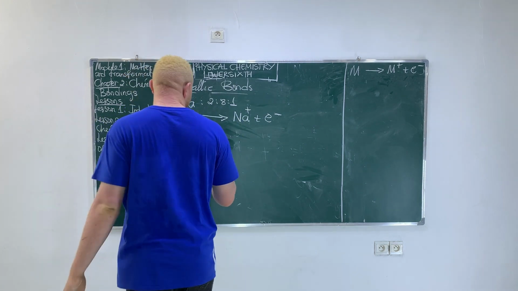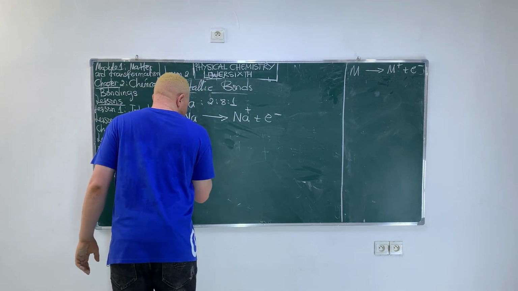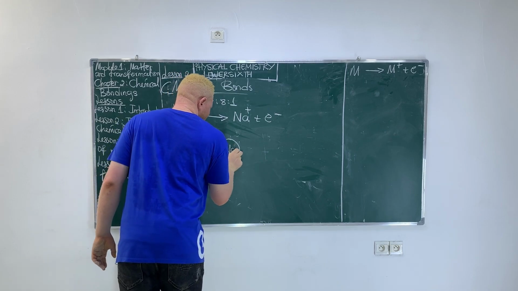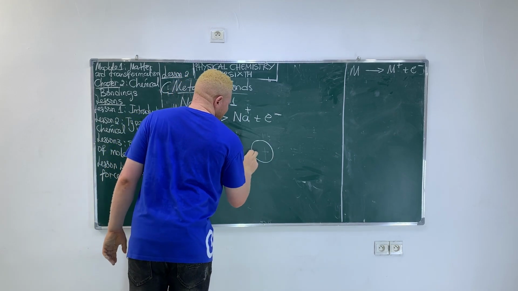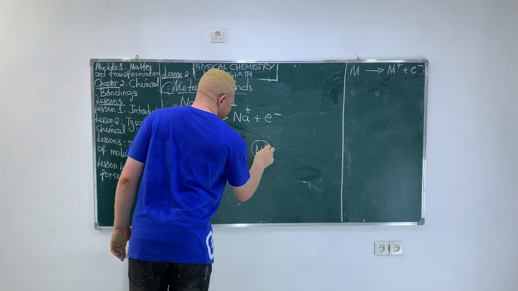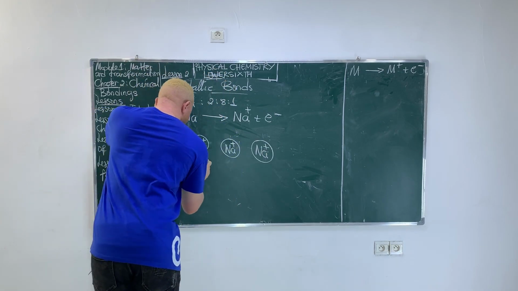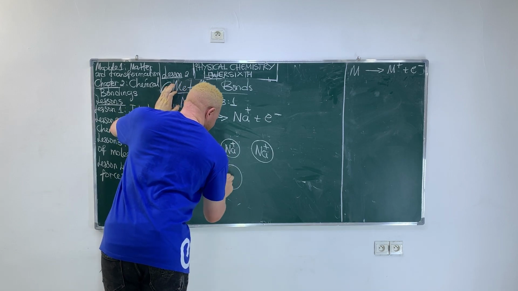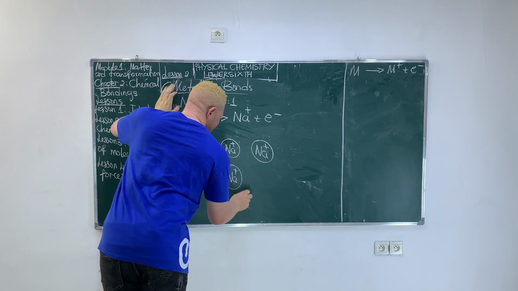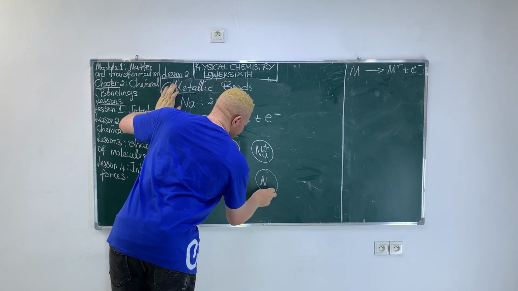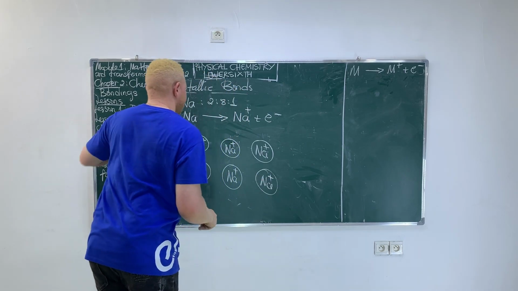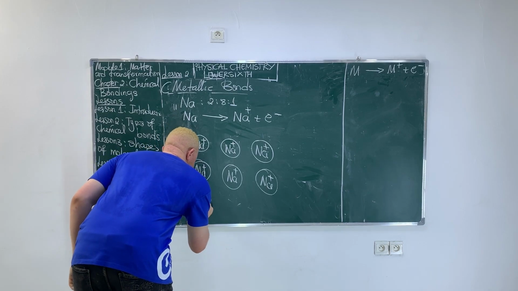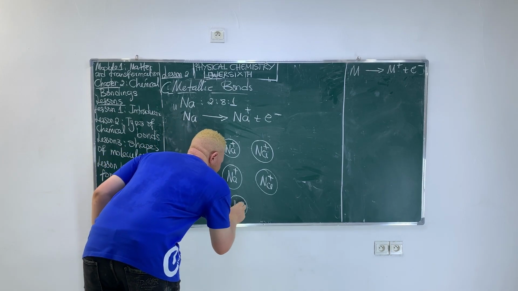So we'll have sodium plus, sodium plus, sodium plus, sodium plus, sodium plus, sodium plus. Let's say we have 3 layers of sodium plus.